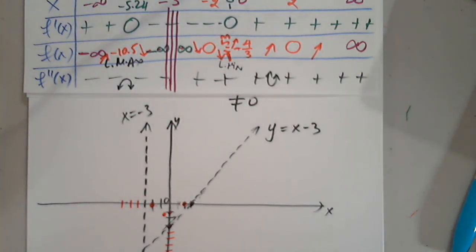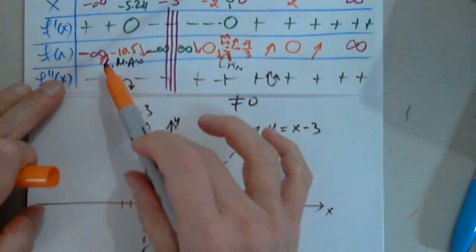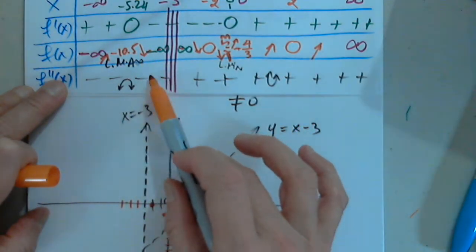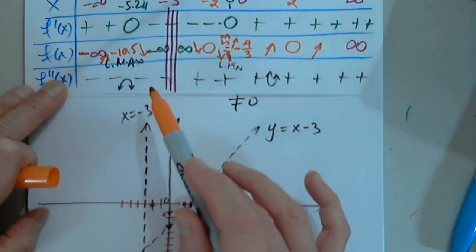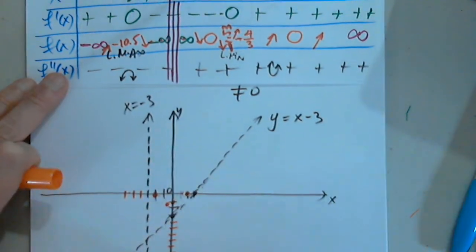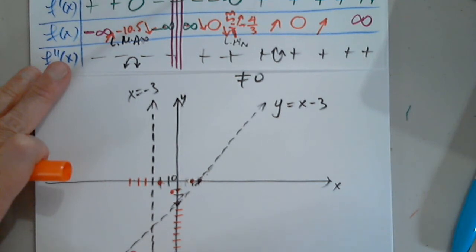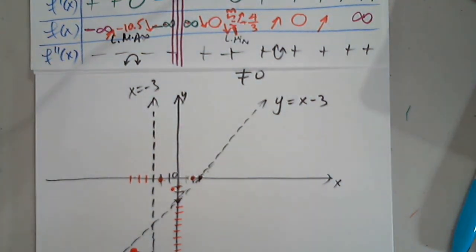Okay, ready. So, from negative infinity up to a maximum, down to negative infinity, close to the asymptote, of course, opening up with a maximum. And I have to extend my vertical asymptote. Good, that's done.